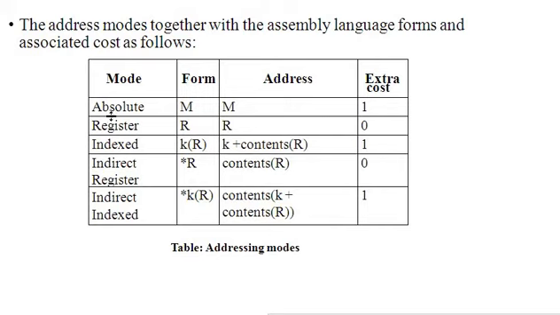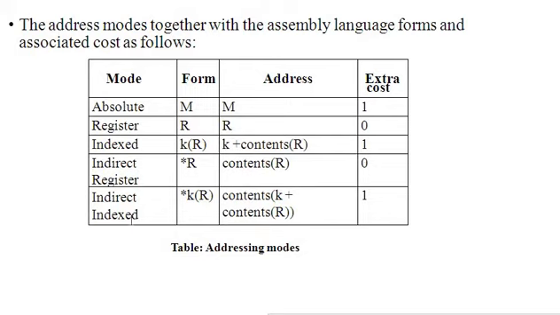Absolute mode is written as M, with address M, and its cost is 1. From register to register, R to R, the cost is 0. If an index is specified, then K of R has address K plus the content of R, which requires an extra cost of 1. In indirect register, the form is pointer R, the address is the contents of R, and the extra cost is 0.